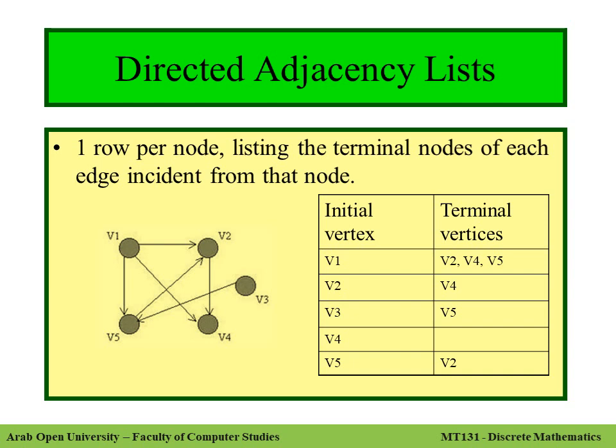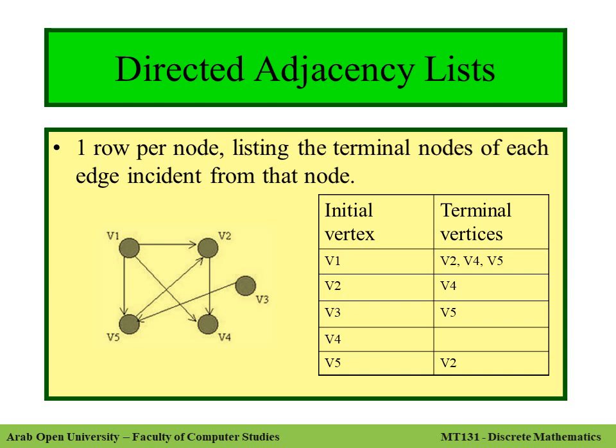You list V2, V4, V5 as the terminal vertices. For V2, there's only one edge starting at V2 and it's going to V4. V4 is the terminal vertex in this case. For V3, there's only one edge starting at V3 and it ends at V5, so the terminal vertex is V5.